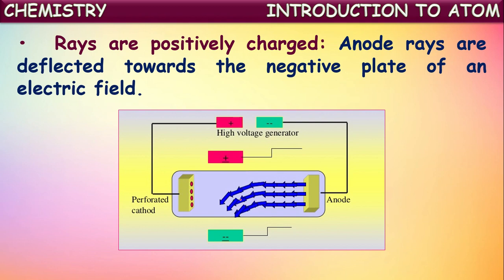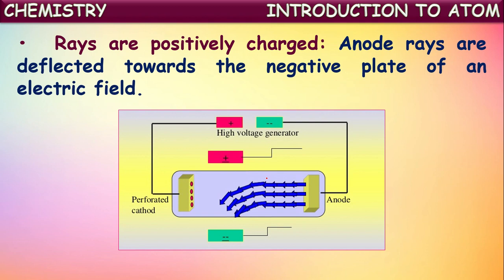This proves that these anode rays are positively charged, because of this positive charge they are attracted towards the negative electrode of the electric field applied in their path.